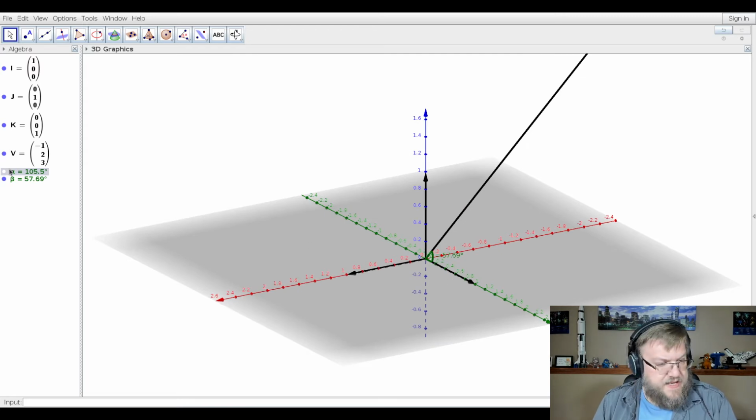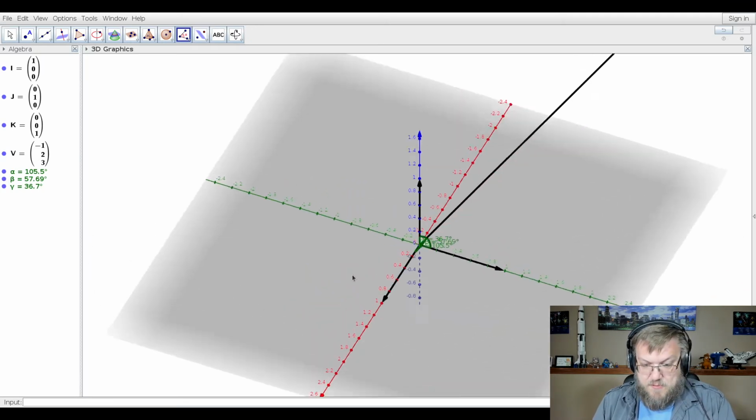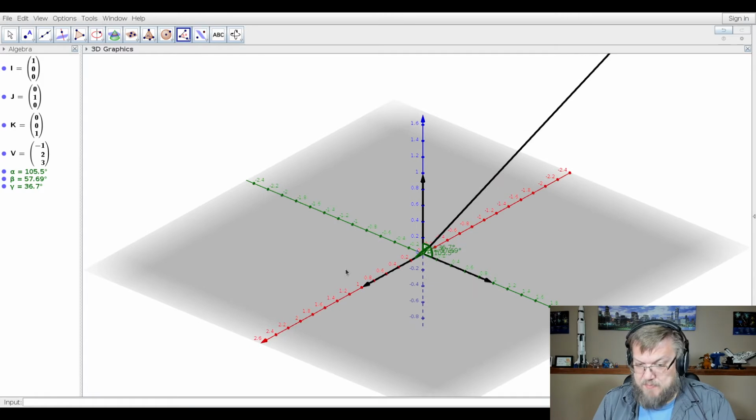Okay. And then there's one more angle that I could ask it. I could say, well, what's the angle that you make with the k component, with the k vector? And so I click on angle and have GeoGebra find that as well, clicking on v and then clicking on k to come up with that angle as well. These three angles form information about which direction v goes in, right?